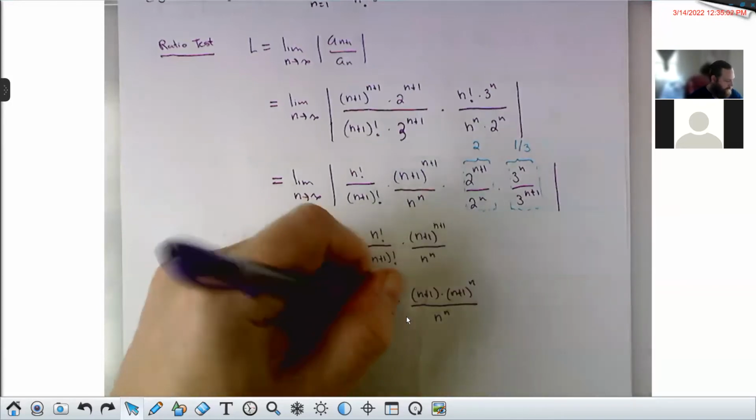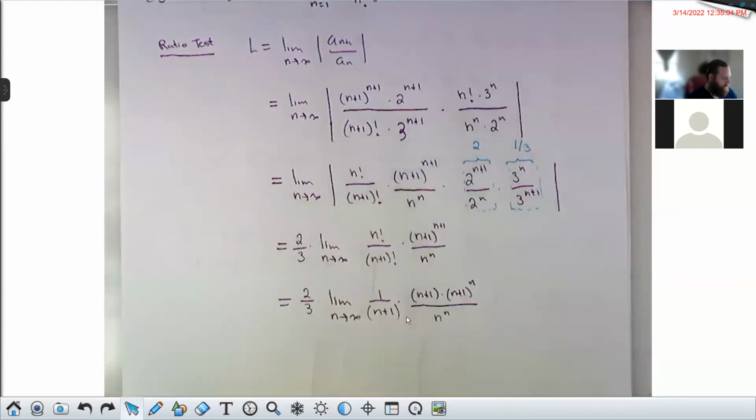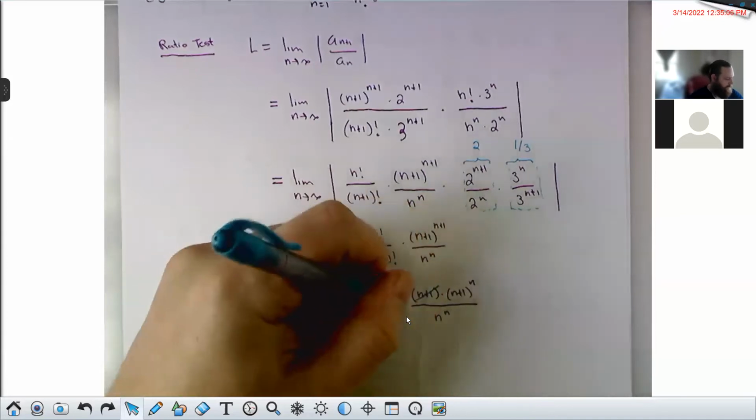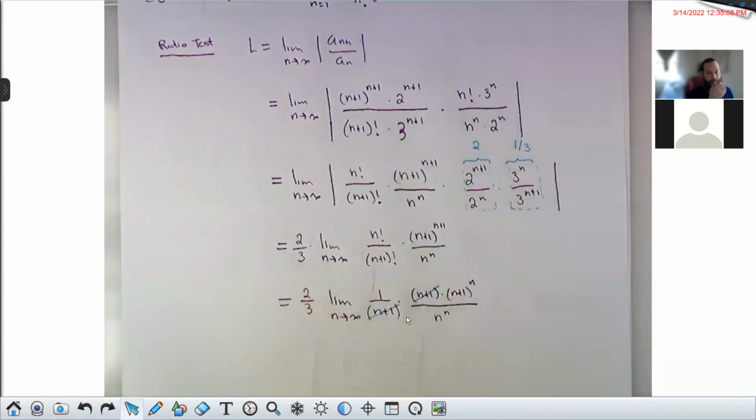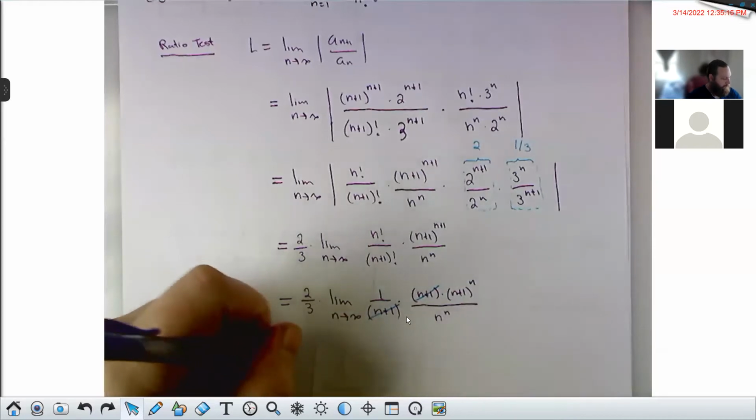And you can cancel these n plus 1. So that leaves you with n plus 1 to the n divided by n to the n with a 2/3 out front.